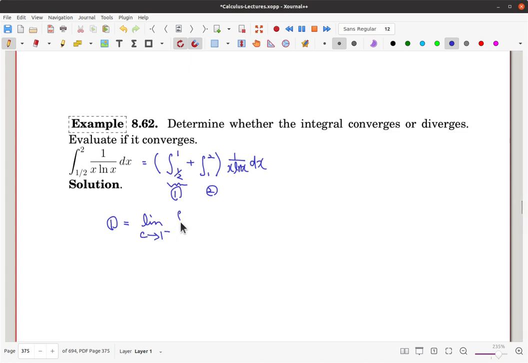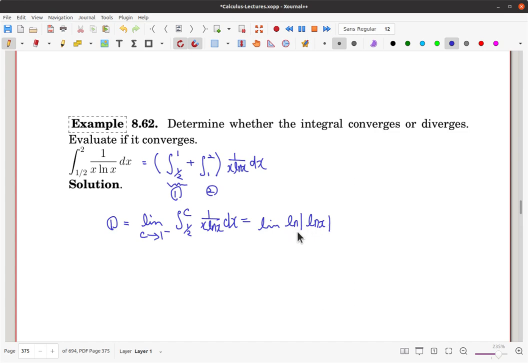Now that is the integral from half to c of 1 over x logarithm x dx. The same limit, and the antiderivative of that one is the logarithm of the absolute value of logarithm x, right?